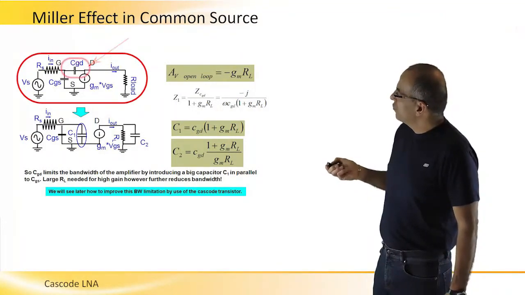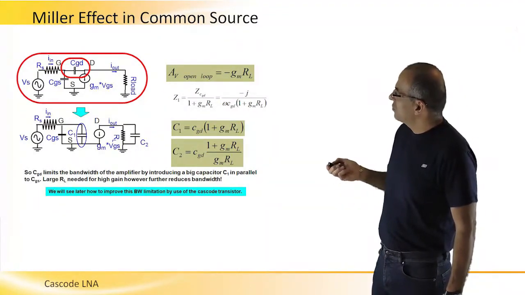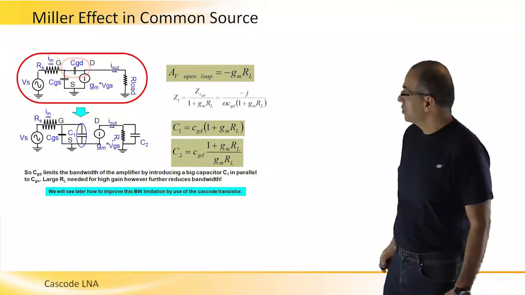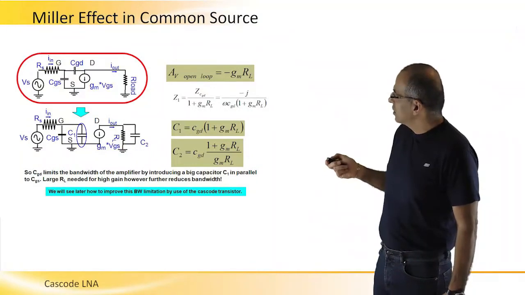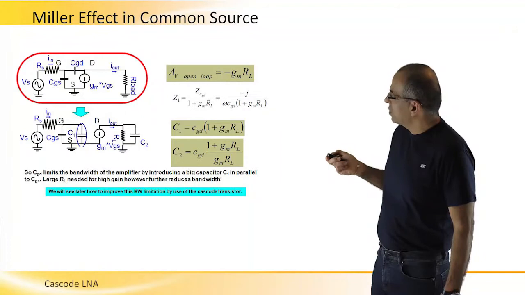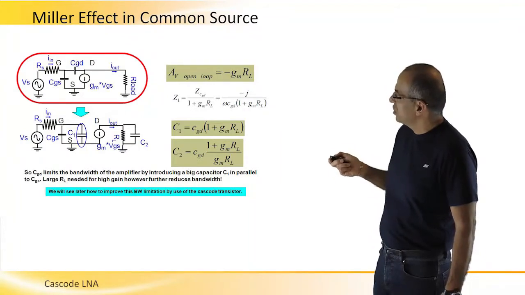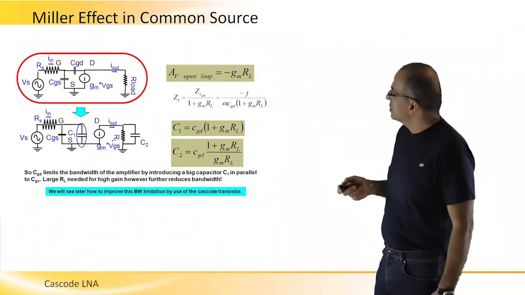with a feedback CGD, capacitance feedback, that is connected from the drain, which is the output, to the gate, which is the input. And why is this a voltage amplifier? This is because the output current is GM VGS. VGS is the input voltage, and this current is multiplied by the resistance.